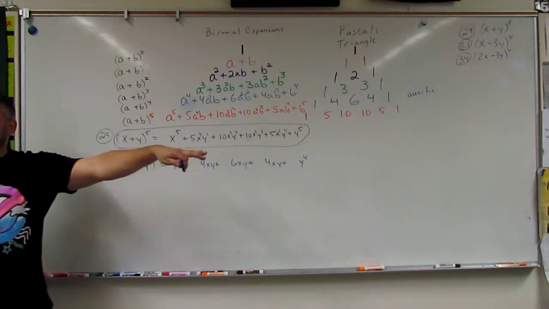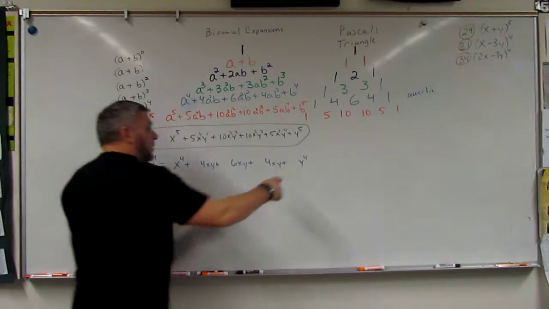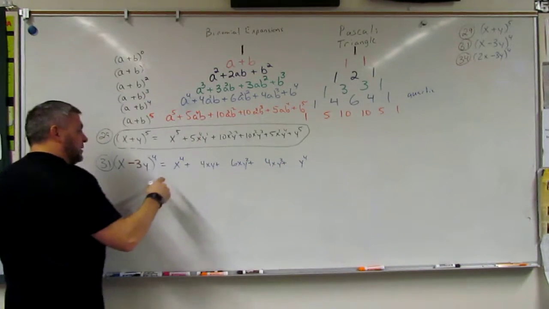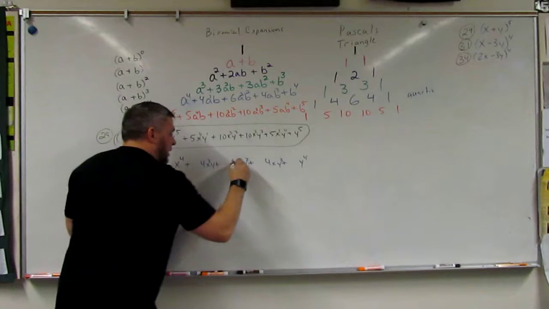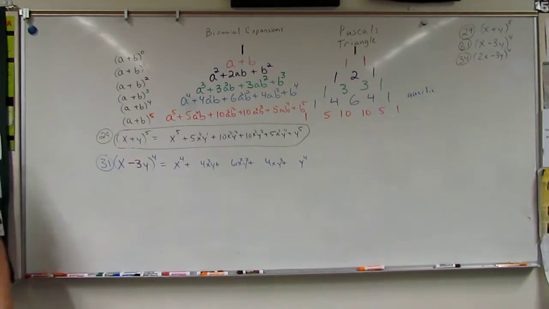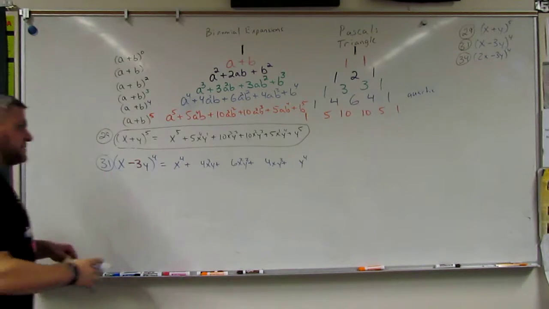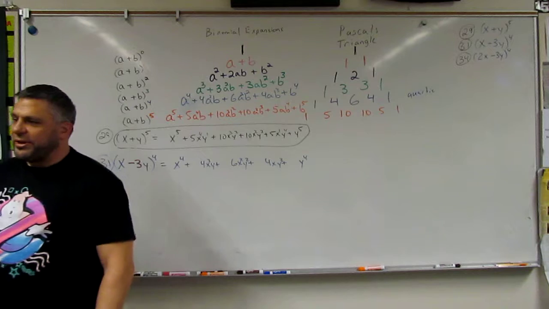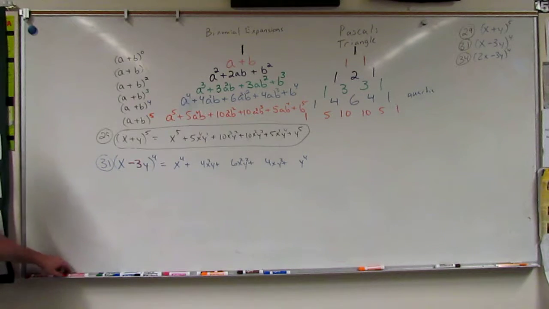Now, we don't have our exponents in yet. So we go 4, 3, 2, 1, and 4, 3, 2, 1. So we have our exponents in. We're not done though. We have a negative 3 in there.